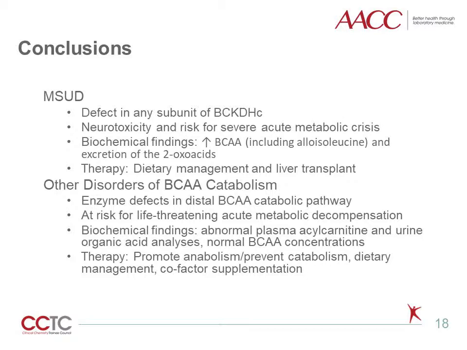In addition to maple syrup urine disease, enzyme defects in the distal branched-chain amino acid catabolic pathway also result in disease. Depending on the exact location of the defect, toxic intermediates may build up or be shunted into alternative pathways. However, no increases in branched-chain amino acid concentrations will be observed.